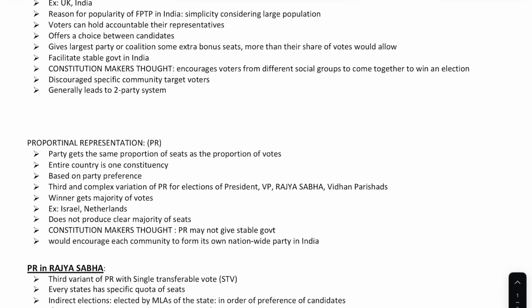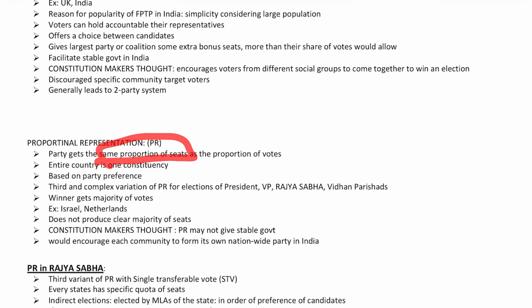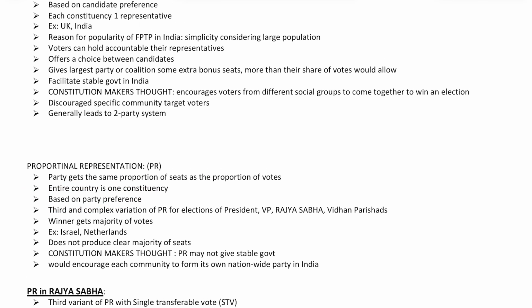Then proportional representation. Proportional representation is used in our Rajya Sabha elections. The party gets the same proportion of seats as the proportion of votes. The entire country is one constituency based on party preference. The earlier system was based on candidate preference, whereas this is based on party preference.